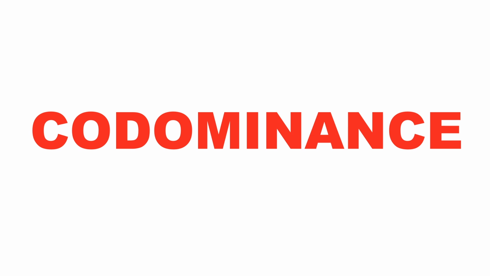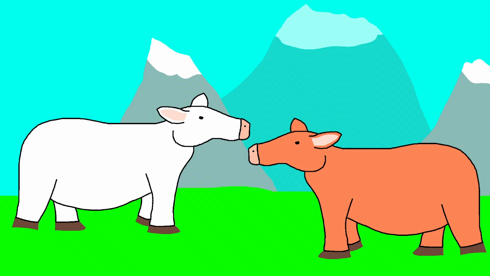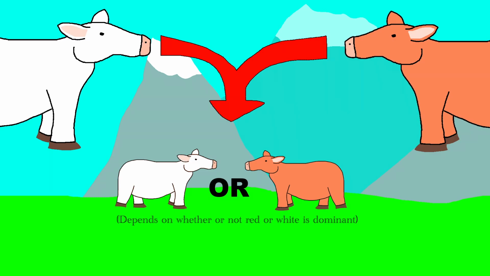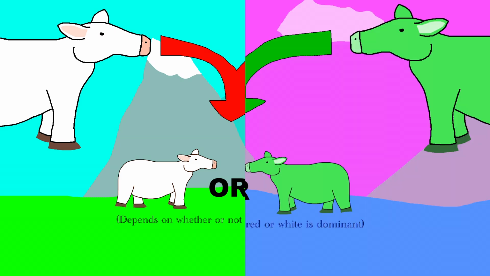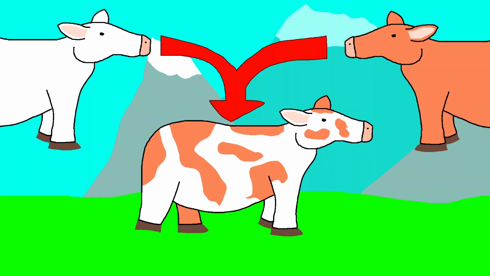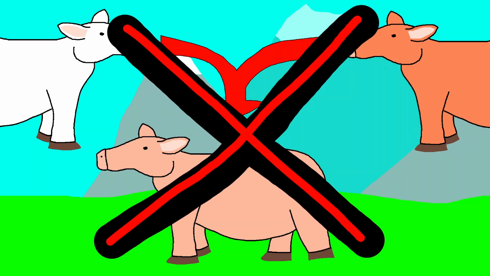And the next exception is called codominance. This is when both traits are fully expressed and dominant. So the animal has a combination of characteristics. So let's say we have 2 cows. Just like last time, when these two breed, assuming they're homozygous, you would expect their child to be one color or the other, whichever one was the dominant allele. But in the case of codominance, both alleles are dominant, meaning, and unlike incomplete dominance, they don't mix.